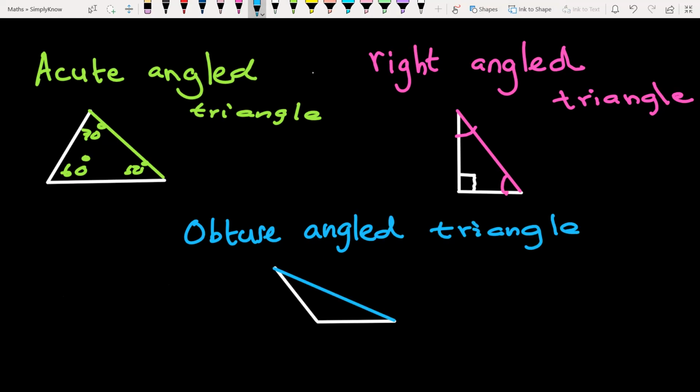Let's say this obtuse angle is 120 degrees. And the other two angles are obviously acute angles. Let's say this is 20 degrees and this is 40 degrees.